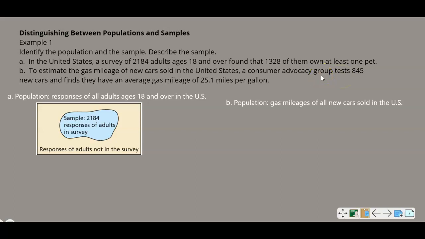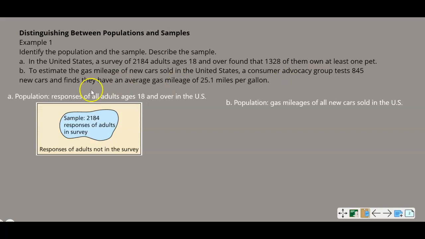All right, so the sample consists of gas mileage of the 845 new cars that were tested. All right, so we can make a diagram again that has a sample with a subset that has gas mileage of new cars in the United States. And the sample consists of the 845 new cars with an average of 25.1 miles per gallon.